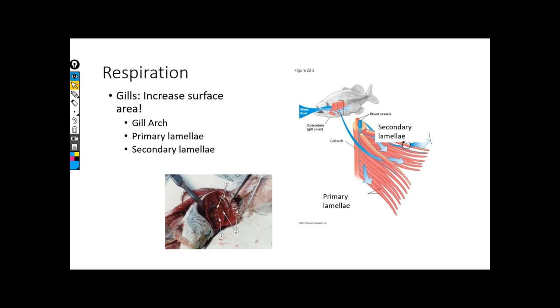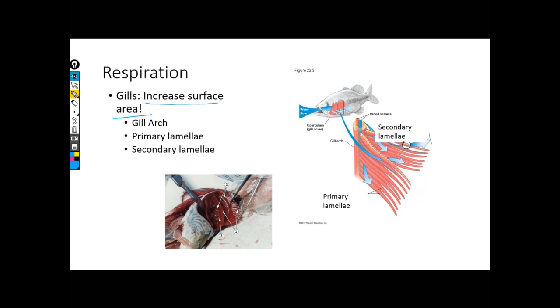The same concepts apply when we're talking about anatomy. So our goal is still increasing surface area for a lot of our organs. And anything that allows us to increase surface area makes that thing better at whatever it does. So whatever feature increases that surface area is going to make it most effective. Okay.